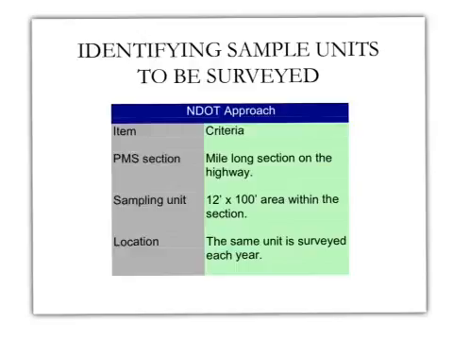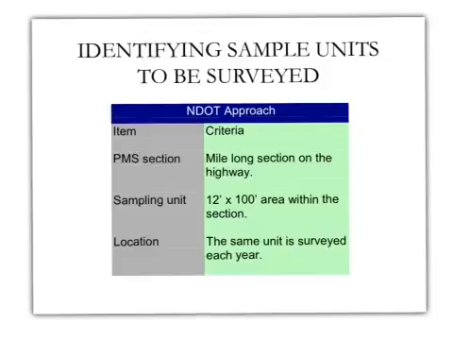This is the section, and then the sample unit is simply a 12 feet by 100 feet area within the section, and the location of that sample unit would be the same unit surveyed every single year, simply because we want to see the progression of the pavement performance over the years.